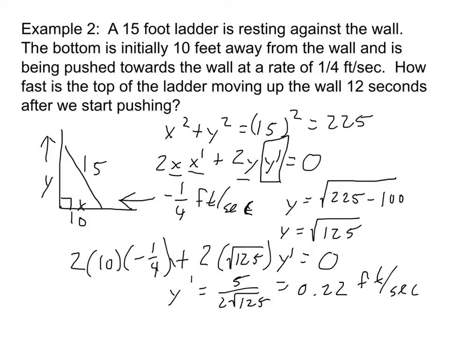Now notice, because we did this correctly, making that 1/4 negative in that negative direction, it did work out and give us a positive number because it is going up at 0.22 feet per second. As I look at my answer, I go, well, darn it, that's where the ladder was 10 feet away. This is asking us how fast the top of the ladder is moving up the wall 12 seconds after we start pushing.